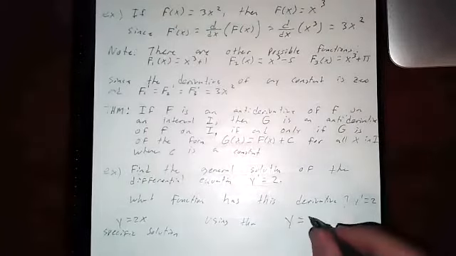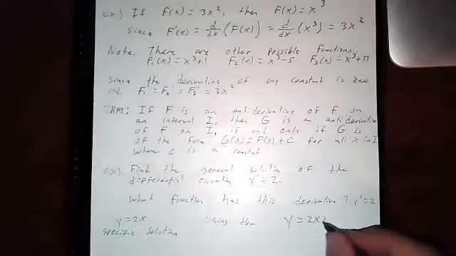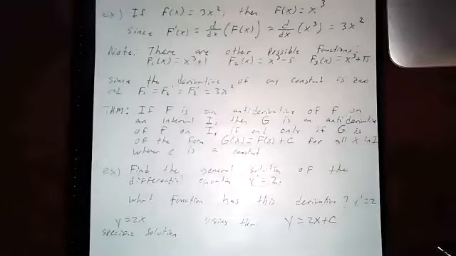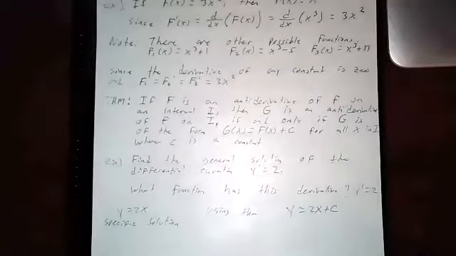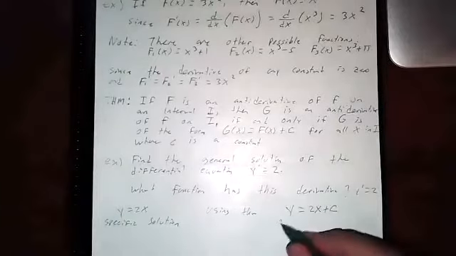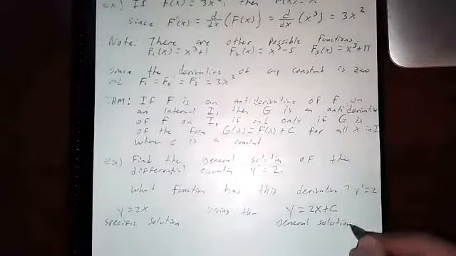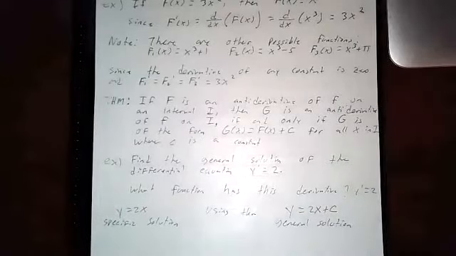Might still be 2x, but we have a possible constant where c is any number, right? You see what I'm saying? So this is the general solution. Does that make sense? Yes.